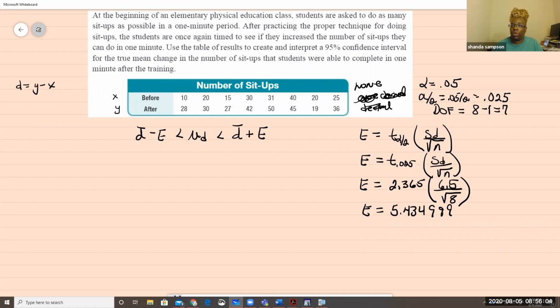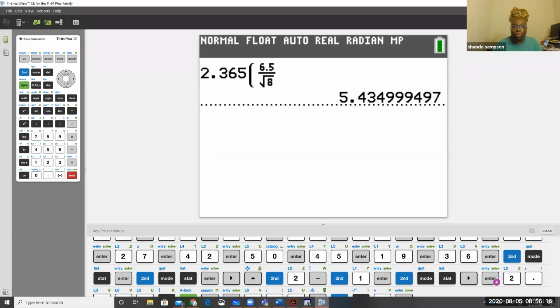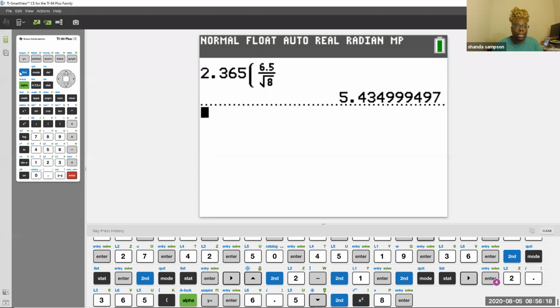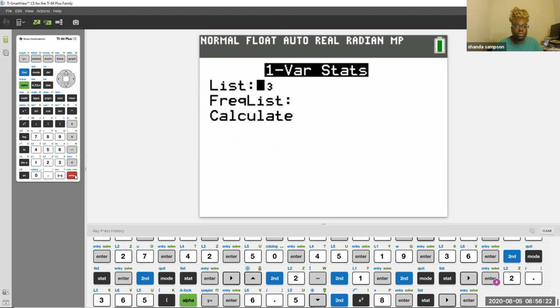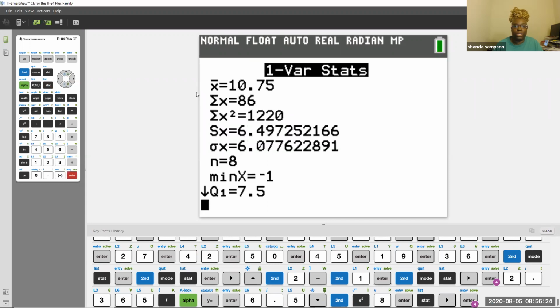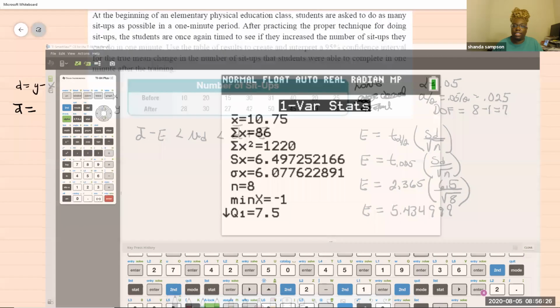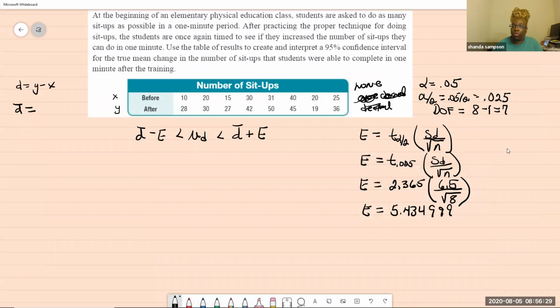All right. So we know what our d bar is, which is x bar. That's why usually when I'm doing these things, so you don't have to keep going back and forth, you should really write them down as you go through the problem. So d bar was 10.75. Again, this needs to be rounded properly when you write it down.